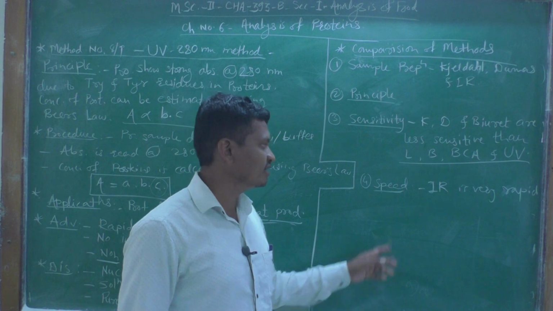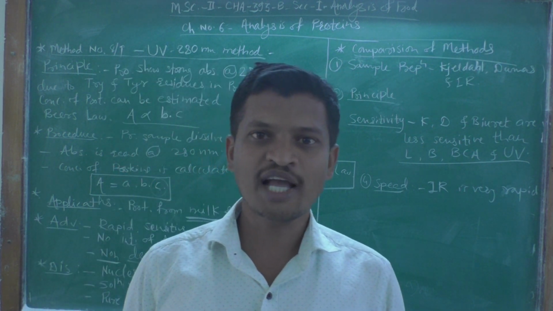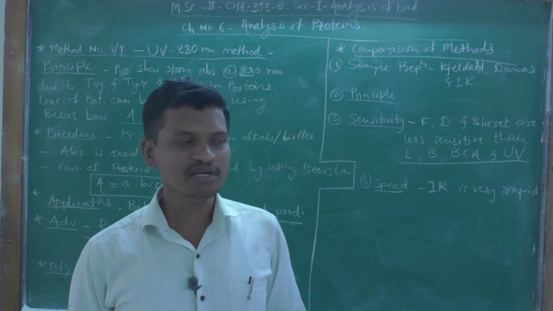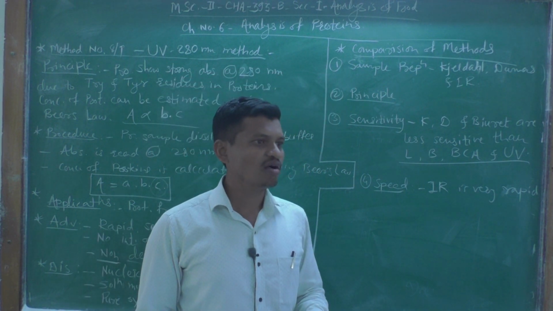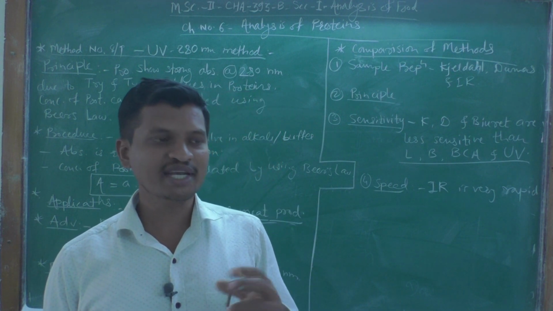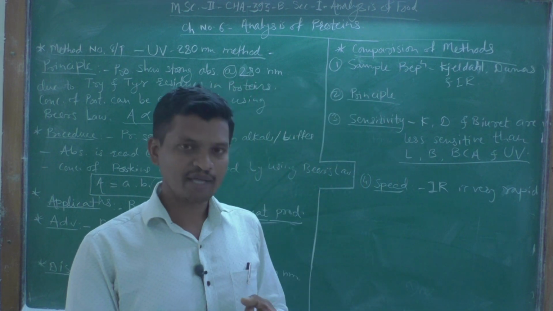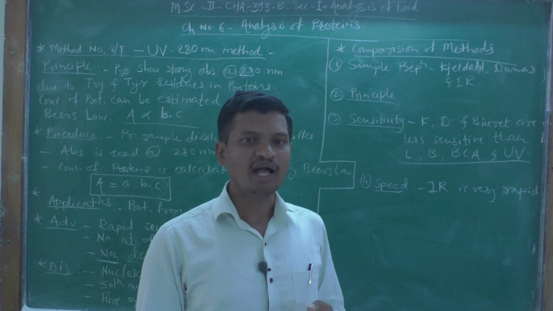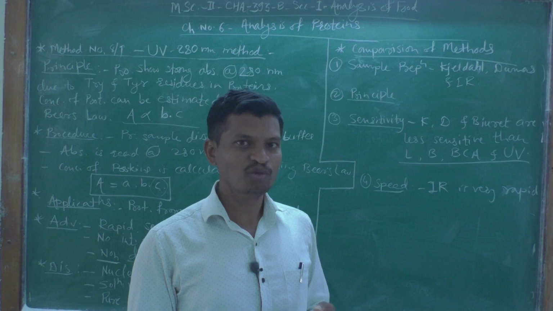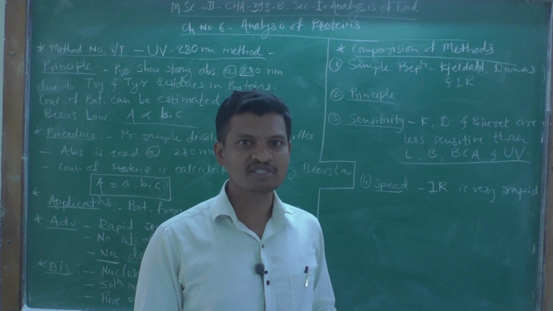And the last point is speed. As far as speed is concerned, the methods which are related to the instrumental part are rapid. That means the IR method, UV method and one more method that use spectrophotometers.